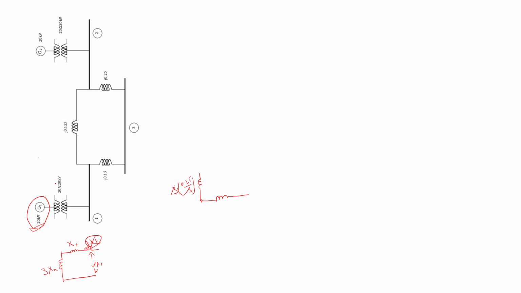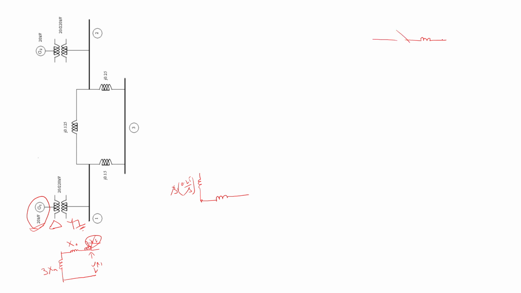Now if nothing is mentioned about the connections, that is the transformer connection, consider this is delta and this is star with solid grounding. Star with solid grounding. So for the transformer, what is the zero sequence diagram? Already I have given it for clarity in class.